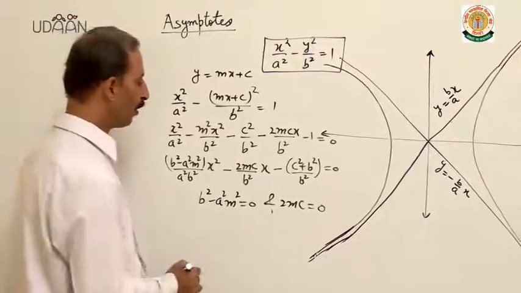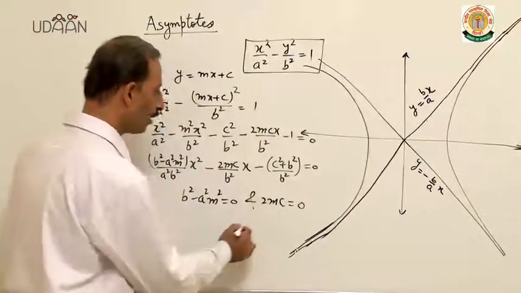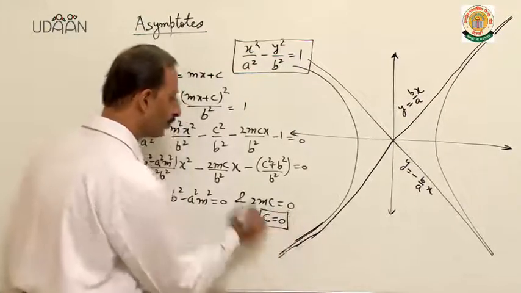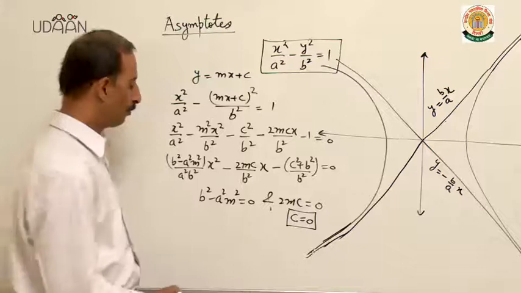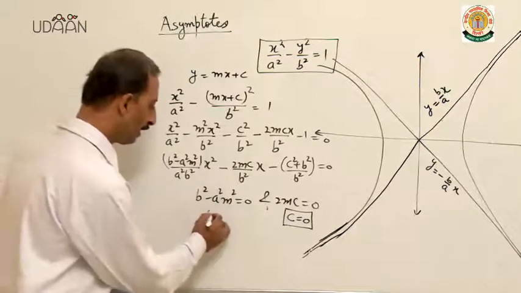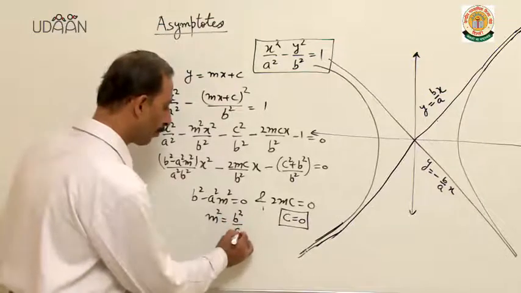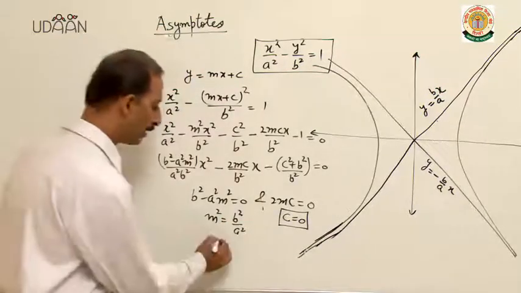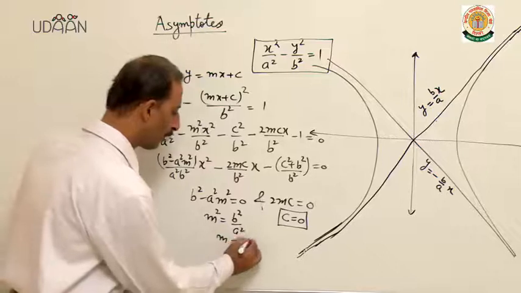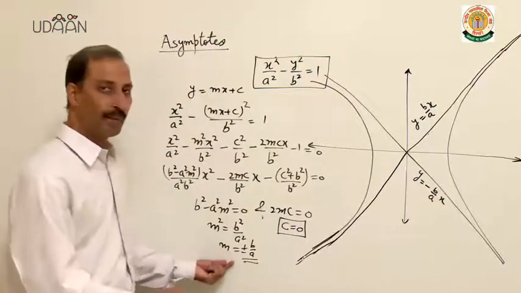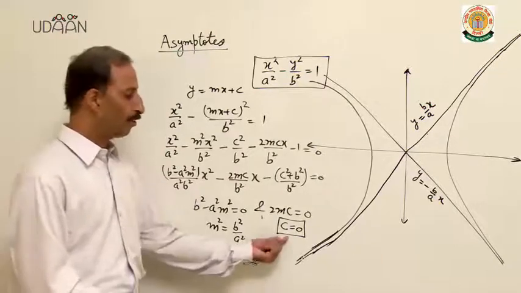So you can see from here the value of c is 0. Now from here you are getting the value of m square is b square upon a square, or you can say the value of m is plus minus b upon a. Now you have the value of m is plus minus b upon a and the value of c is 0.